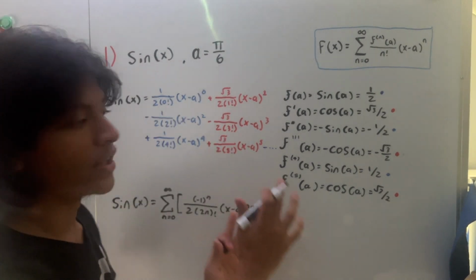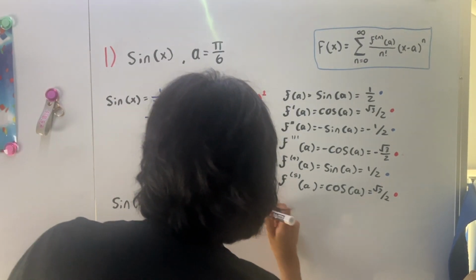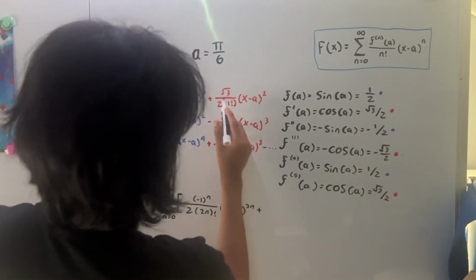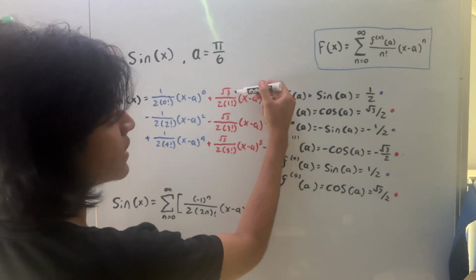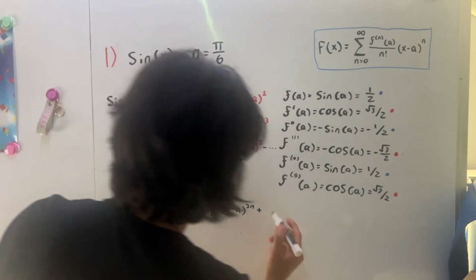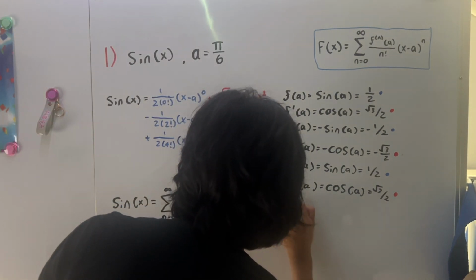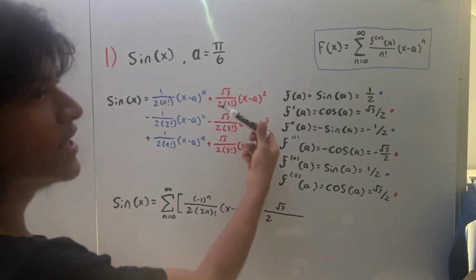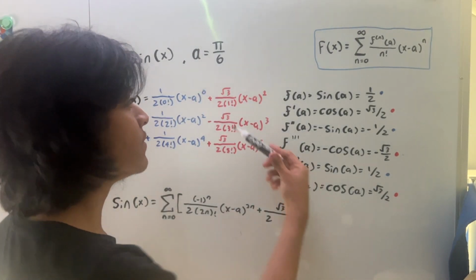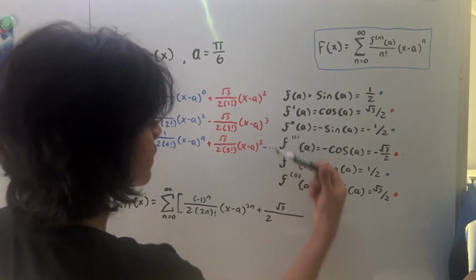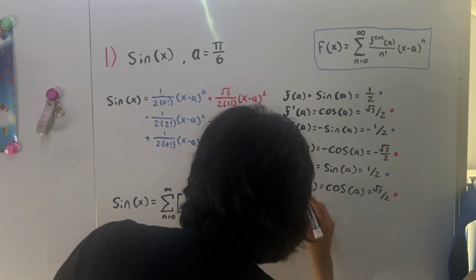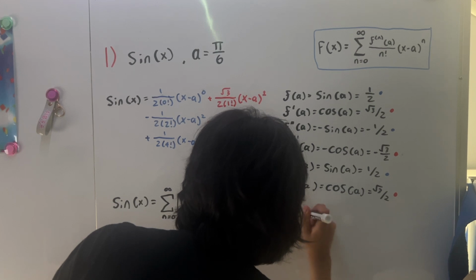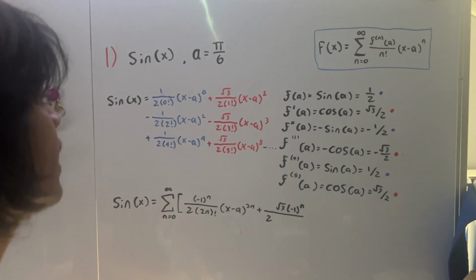Now we focus on the red terms. So we have a plus, and now all the red terms are going to contain the square root of 3 over 2. So we're going to include that in our series, square root of 3 over 2. And same thing, these are also alternating between positive and negative. So starting positive, negative, positive, we're going to have negative 1 to the nth power.